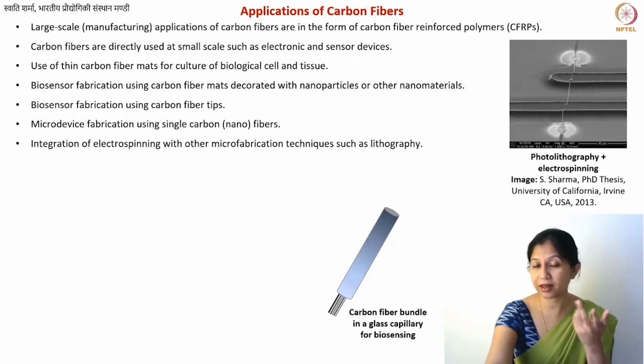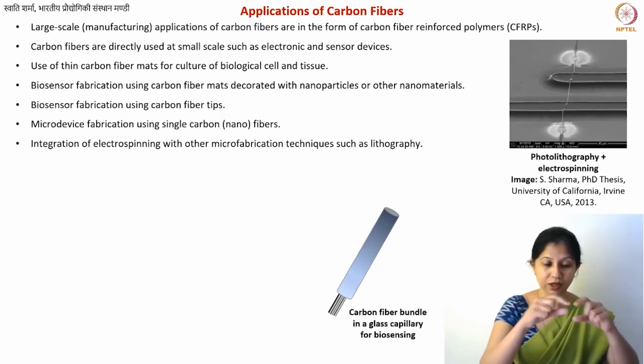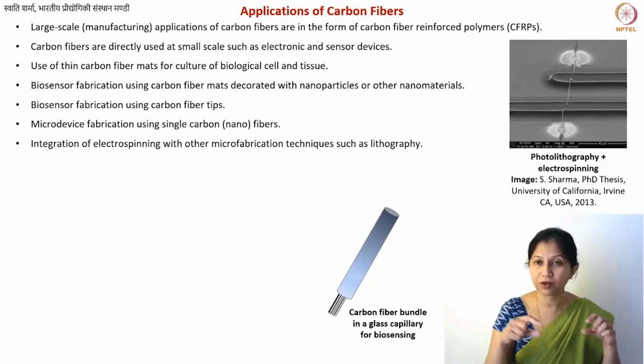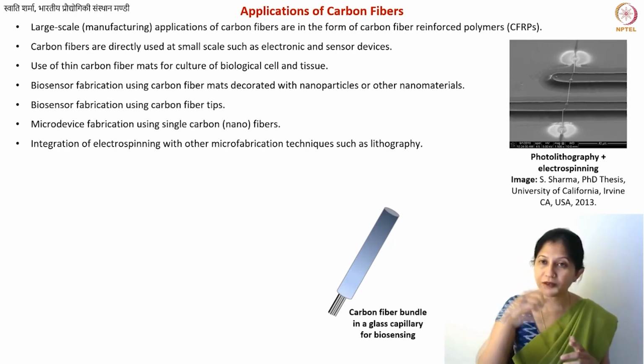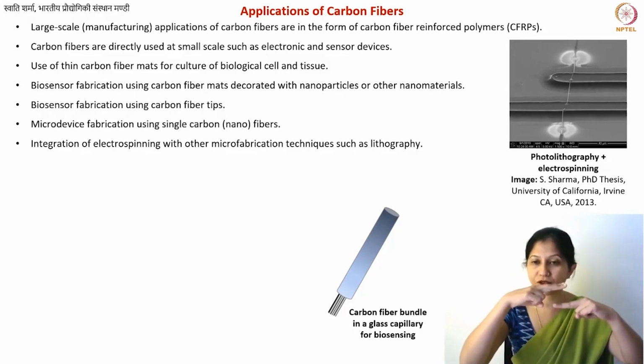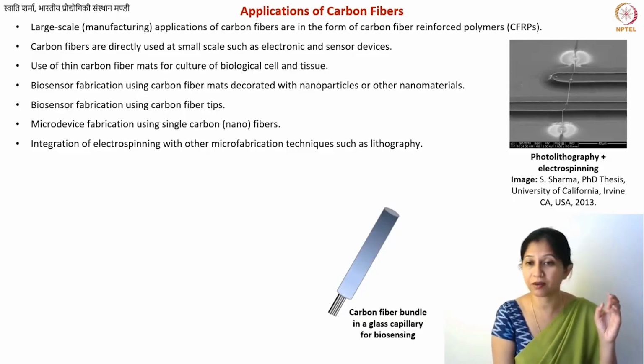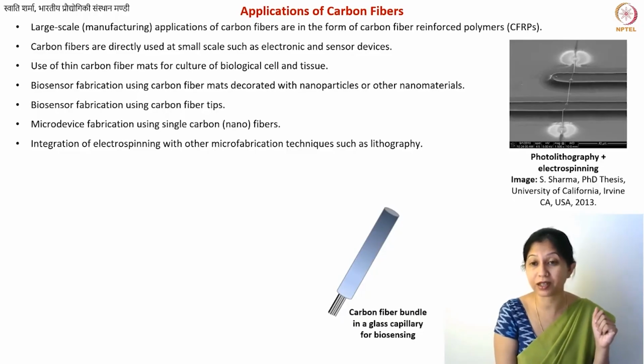Here in this image you can see a combination of photolithography and electrospinning. For the electrode pads, you see there are two lines and then there is a suspended fiber on top of them. The fiber was prepared by electrospinning, while the electrodes were patterned using photolithography. Now you already know about photolithography. You have certain phenol formaldehyde resins that can be converted into carbon.